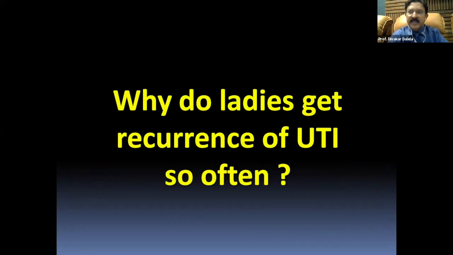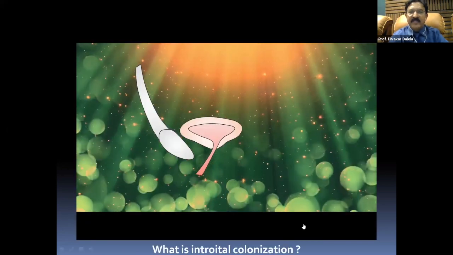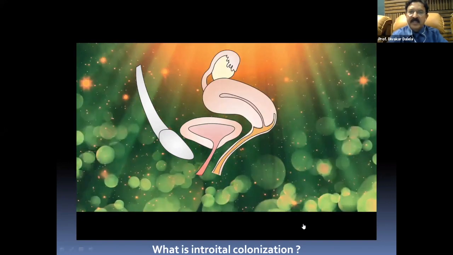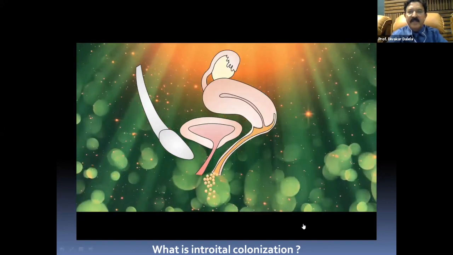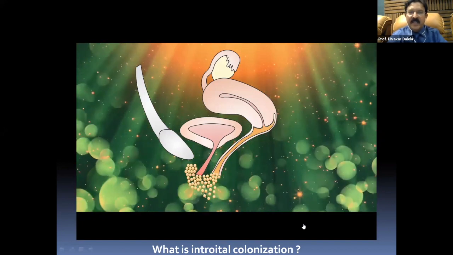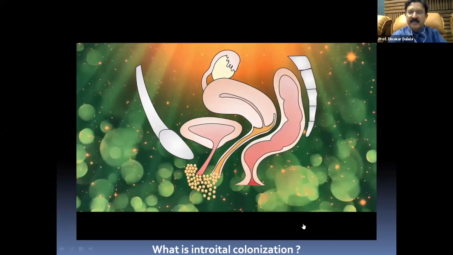The key thing that we're discussing here is, why do ladies get recurrence of infection again and again? Having one infection is fine, but why do they get it again and again? If you see female anatomy, behind the bladder there is the uterus and vagina, which can often have a number of bacteria which trickle down from the vagina and colonize the area of the perineum, the female external genitalia.